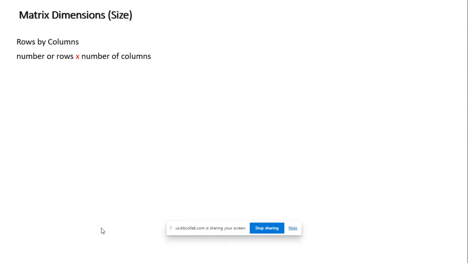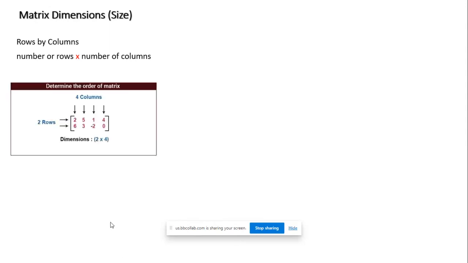So number of rows times number of columns is the syntax for the dimension, or size, of the matrix. For the example we just did, we had 2 rows and 4 columns, so the size of that matrix is a 2 by 4 matrix.